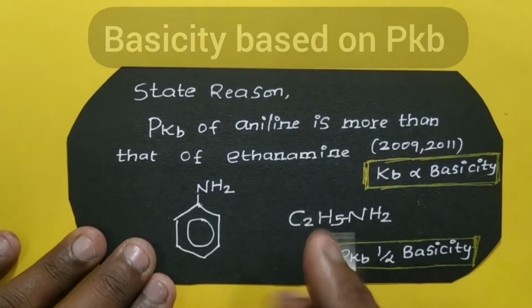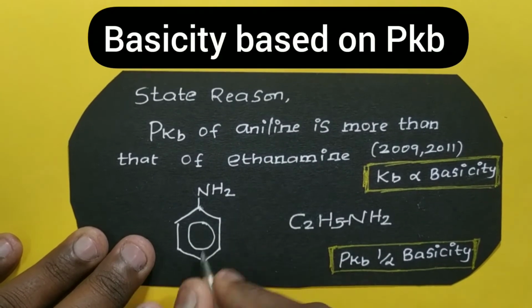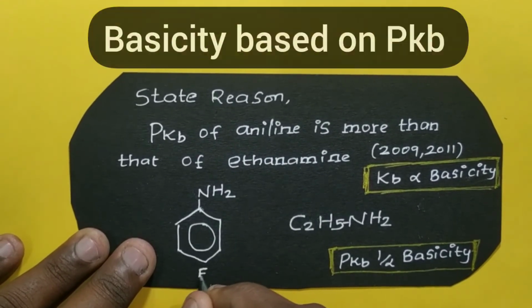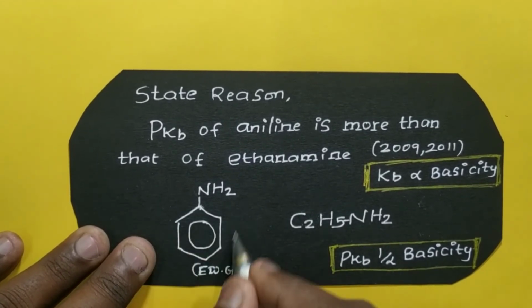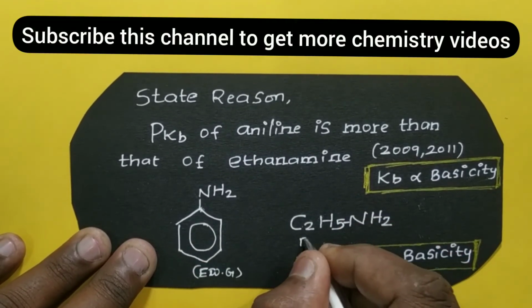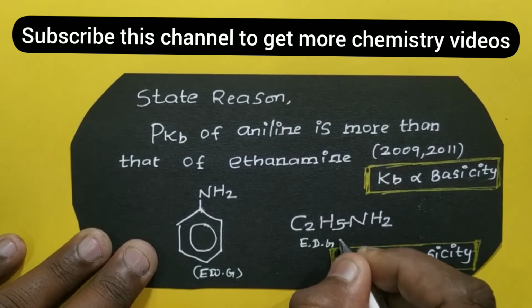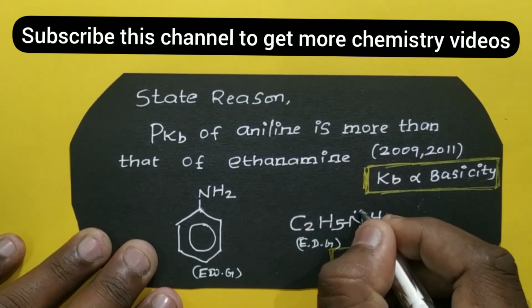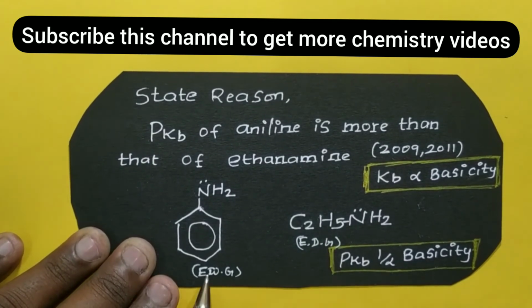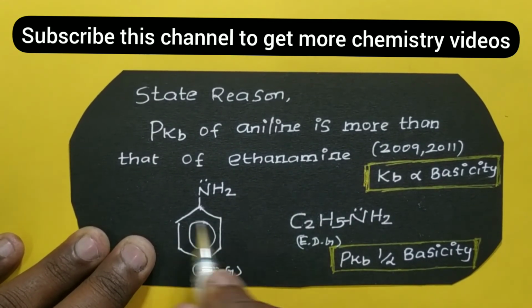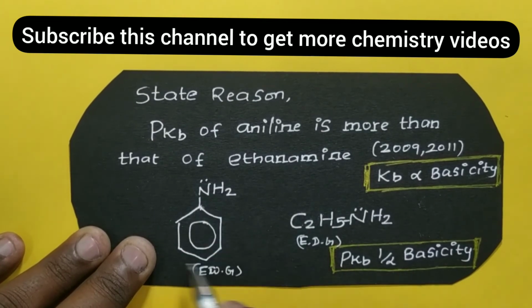As we know that concept, here the NH2 group is attached to an electron withdrawing group. The phenyl ring is an electron withdrawing group, but here it is an electron donating group. The electron density on nitrogen is maintained by the donating group, but here the nitrogen's electrons get delocalized in the ring itself.